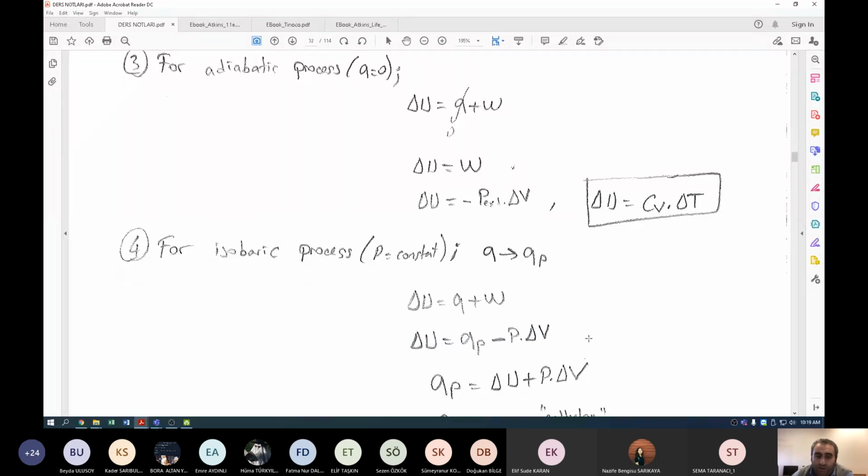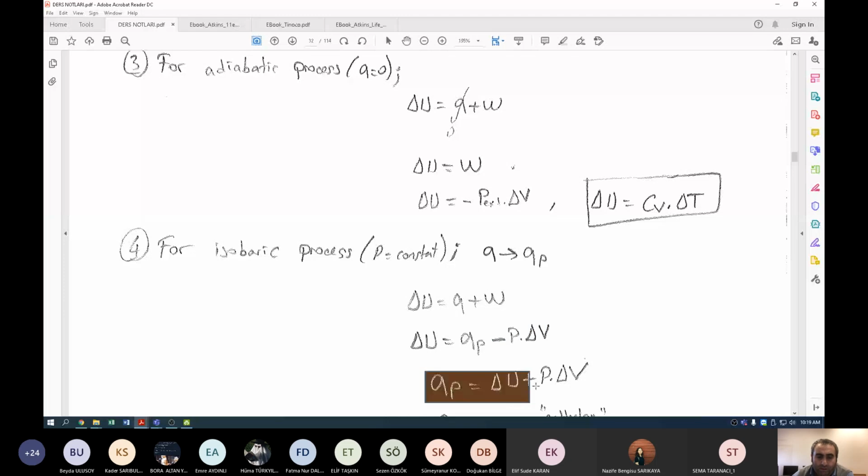Okay, and since the pressure is constant, we can take this pressure inside of the delta sign. So now it becomes QP, and we take this whole thing to the other side of the equation.